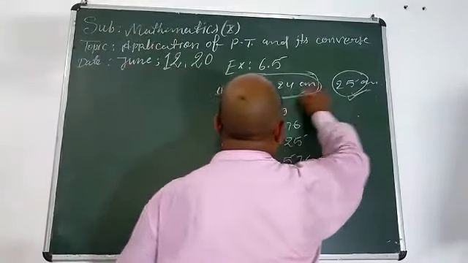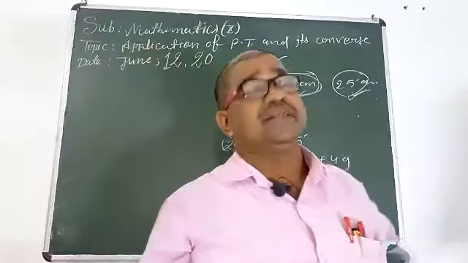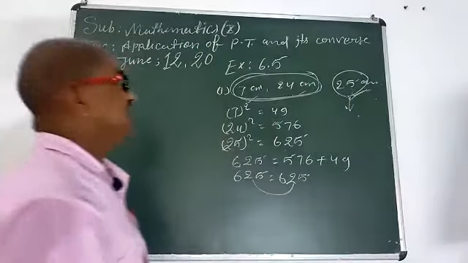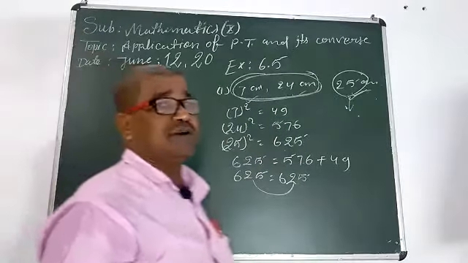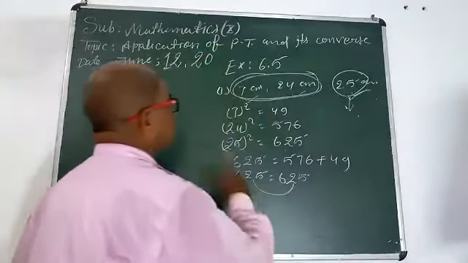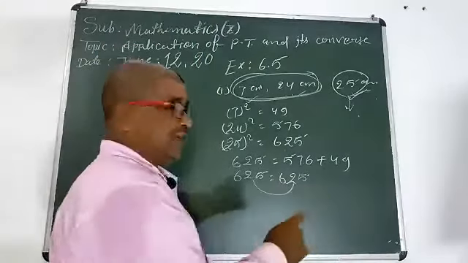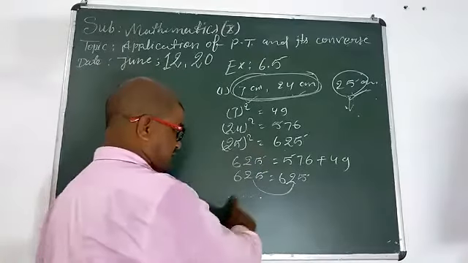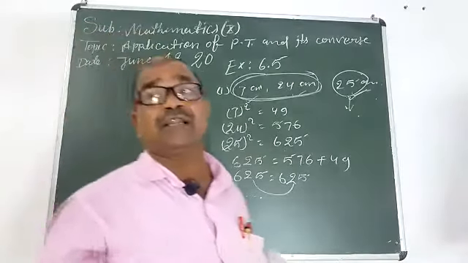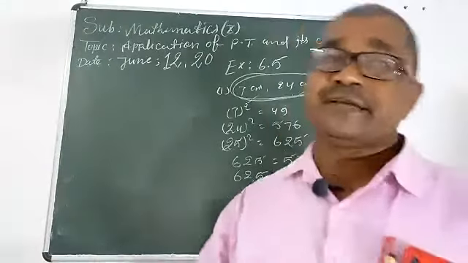If the square of one side equals the sum of the squares of the other two sides, then the sides are related to a right angle triangle, and the opposite angle of the longest side is 90 degrees. So by the converse of Pythagoras, we can say these sides are related to a right angle triangle. You can write the statement also: since the square of one side equals the sum of the squares of the other two sides, the opposite angle of the longest side is a right angle, so the given sides are related to a right angle triangle.